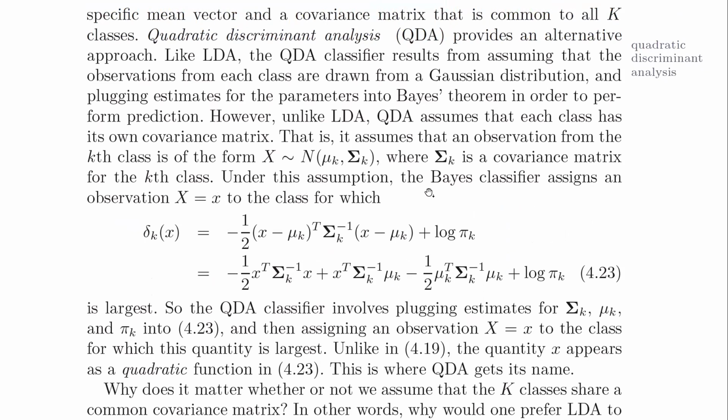Under this assumption, the Bayes classifier assigns an observation X equals x to the class for which this expression evaluates the largest. So the QDA classifier involves plugging estimates for the covariance matrix sigma k, mu k, and pi k into 4.23, and then assigning an observation X equals x to the class for which this quantity is largest.